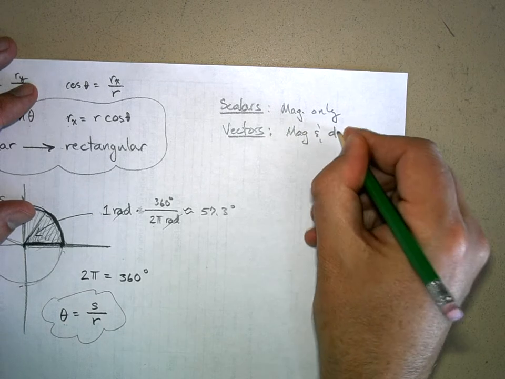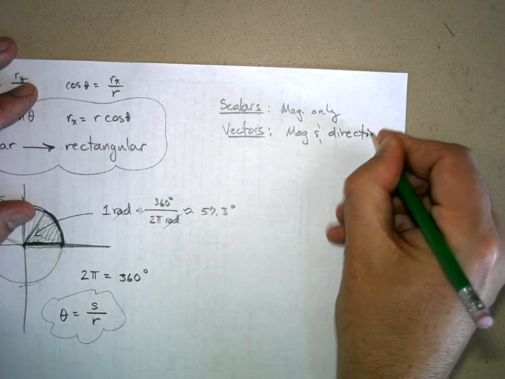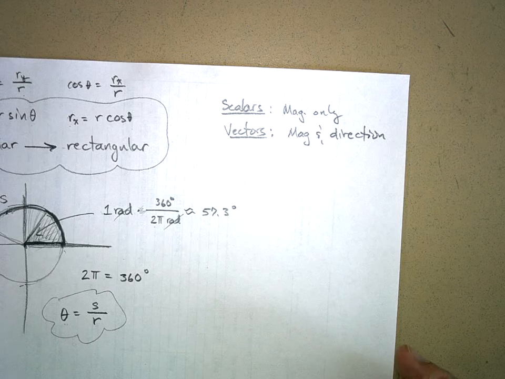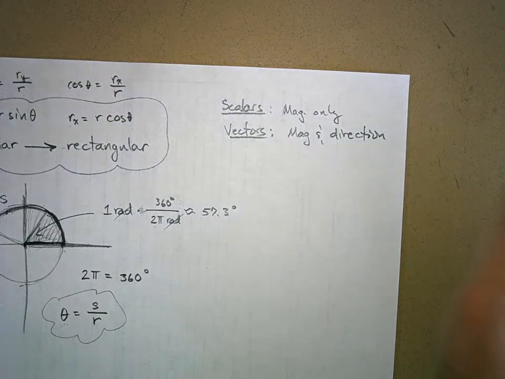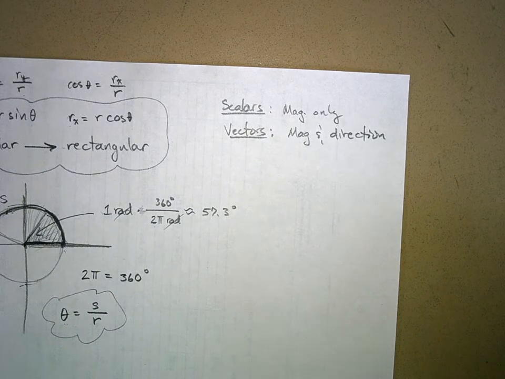In other words, at least for a two-dimensional vector, which is what we're dealing with now, you need two pieces of information. You either need r and theta, or you need x and y. X and y, believe it or not, doesn't give you a magnitude and direction directly, but you can figure out what the magnitude and direction are if I give you x and y.